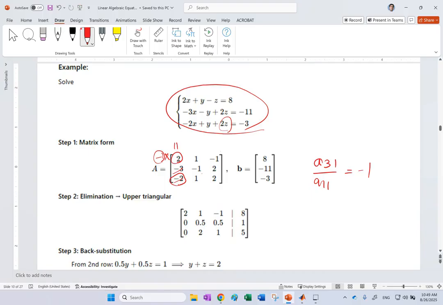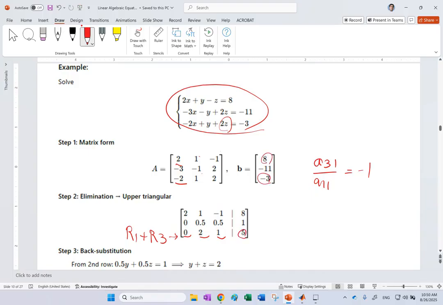So if I add row 1 and row 3 together and place it back at row 3, what would you get? Well, in this case, you get the 2 plus -2, you get the 0, then you get the 1 plus 1 is a 2, -1 plus 2 is a 1, and then for the last one also you have to add 8 and -3, which is a 5.